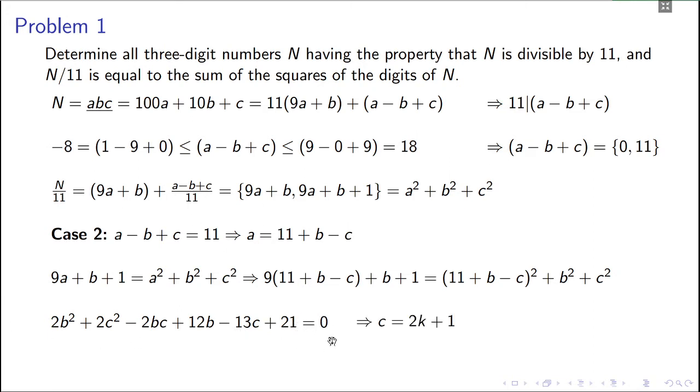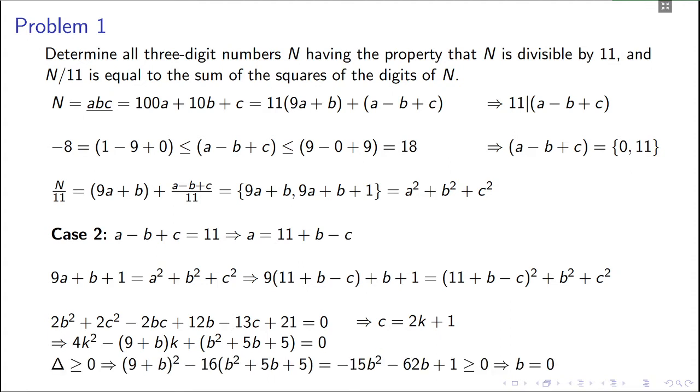So c is odd, you put it here and you simplify it. Again you get a quadratic, you look at its discriminant, that must be greater than or equal to 0. So this expression has to be greater than or equal to 0. That will give b equal to 0. That's the only possibility. After that it becomes negative.